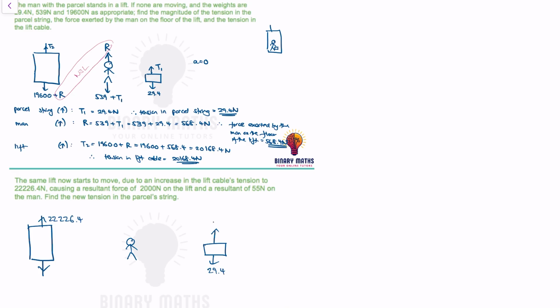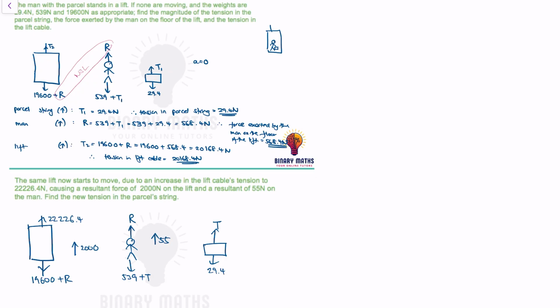So let's call it tension T, because now we don't have a T2, because we already know the second tension value. The weight of the man is 539 plus the tension pulling the man down. The reaction we don't know because it's changed now, but we do know the man is moving with a resultant of 55 newtons up. The weight of the lift is still the same, which is 19,600, feels the reaction from the man, and the lift has a resultant of 2,000 moving up.